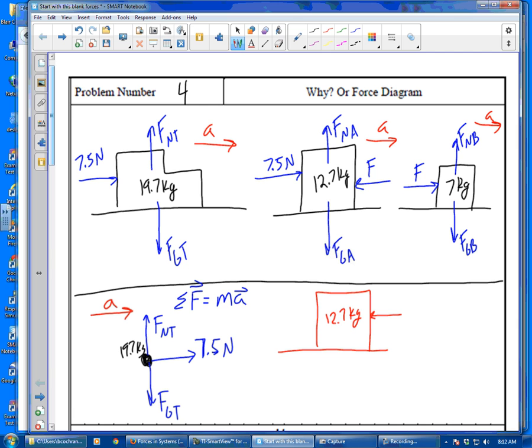Still have an F here. Still have the same acceleration. It doesn't change the acceleration because what it does on the system is change the direction of the net force, to change the direction of the acceleration, but not the magnitude of it. Doesn't affect the weight or the normal force. But does affect F.